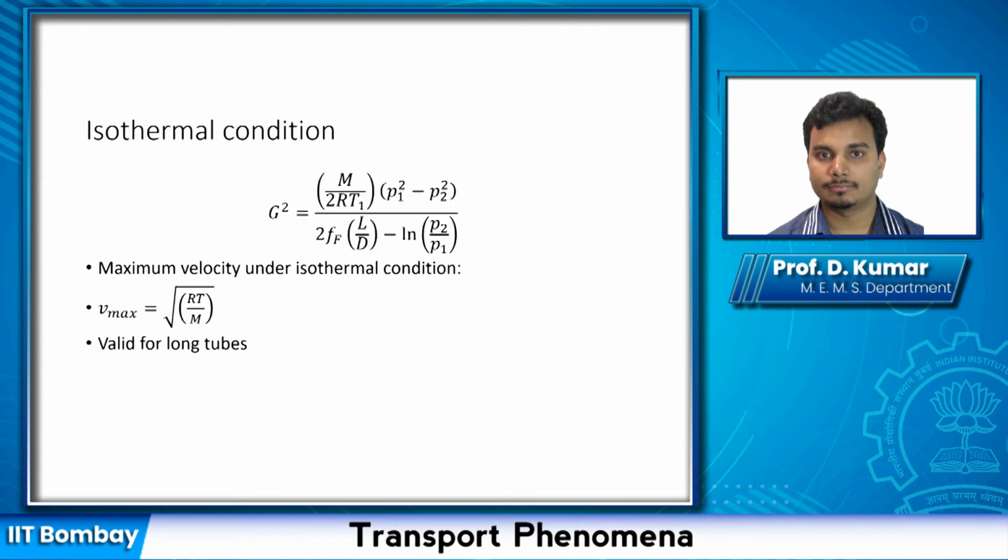Similar derivation, as I said, could be done for the isothermal condition, and then again, if you know P1, P2, and if you can calculate the friction factor, the length and the tube, and the initial conditions, I mean the inlet conditions, then you can find G square.